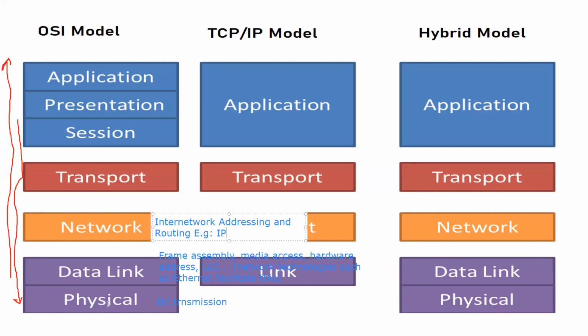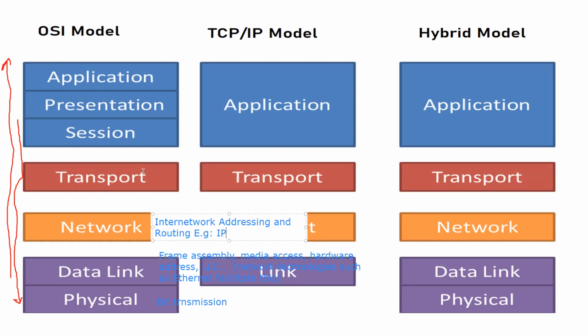Therefore, we are going to spend some time understanding the infrastructure aspect. When going up, these are going to be called host processes. From this point onward, we are going to have host processes. The end parties that are communicating with one another are expected to run each of these layers individually on those specific hosts.